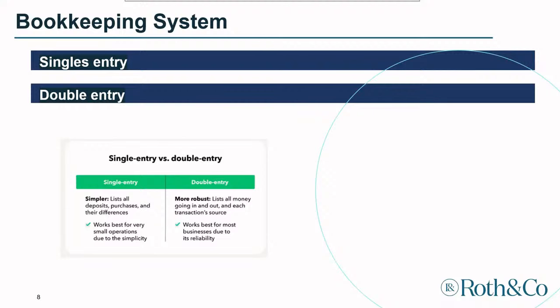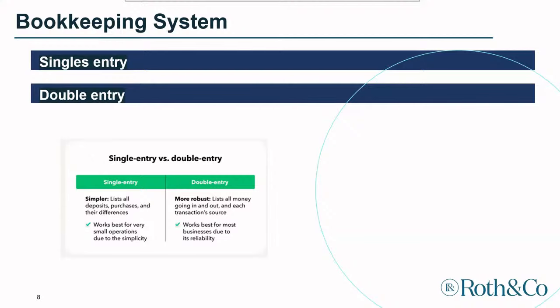The system focuses on the business's profit and loss statement and not on its balance sheet. Balance sheet is like a statement of your assets and liabilities. Normally, that will be your accountant or your financial person that will be recording all your transactions.